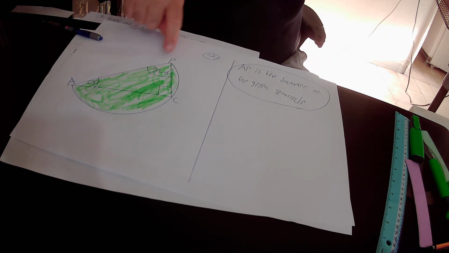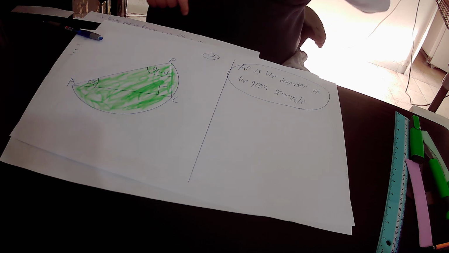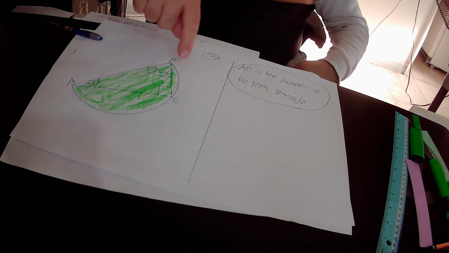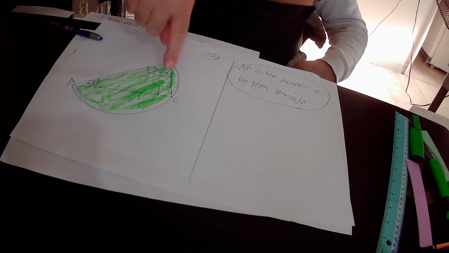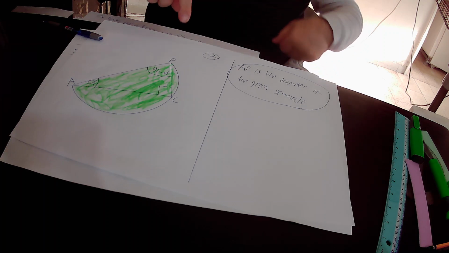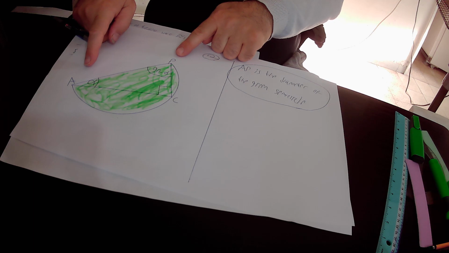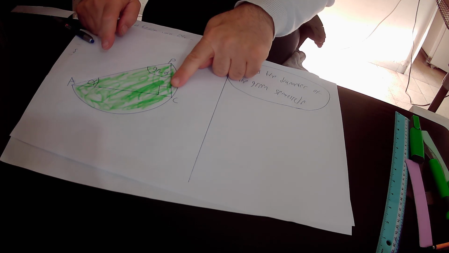Again, AP is the diameter of this green semicircle, and by joining points P and C together by a straight line, we created a peripheral angle ACP. Peripheral angle ACP is subtended on AP, the diameter of this green semicircle, and therefore, according to rule 7, peripheral angle ACP must be equal to 90 degrees.